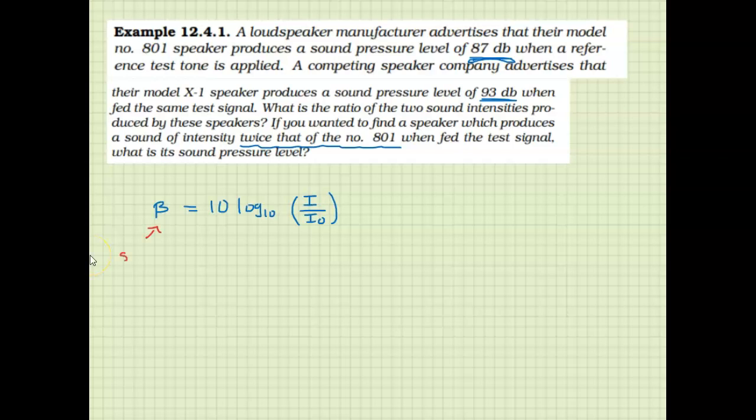This is the sound pressure level. When you're given decibels, that's where the number goes. 10 log base 10. So these are measured on a log scale. I is the intensity, and I0 is that sort of initial intensity. That's like the test tone kind of deal.